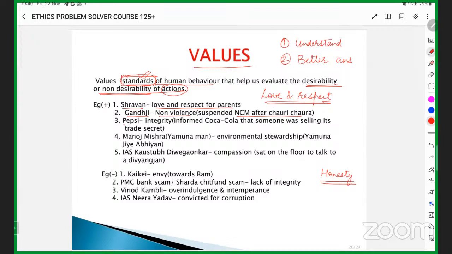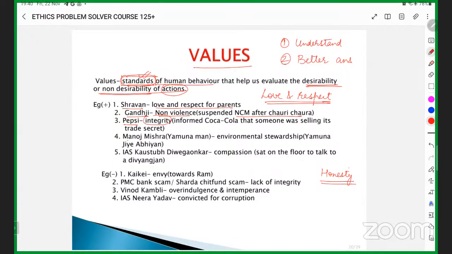A professional example, Pepsi showed the value of integrity, how there was one occasion when their trade secret got leaked and one of the persons was selling their trade secret to Coca-Cola, but Coca-Cola instead of buying their trade secret informed the company that somebody is selling their trade secret.